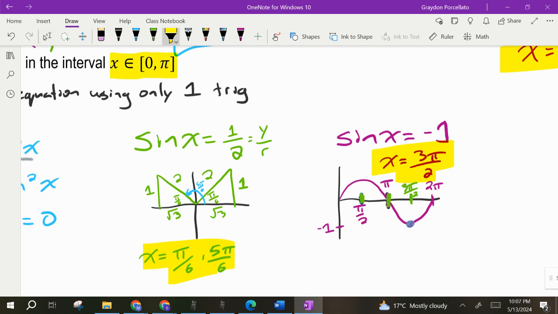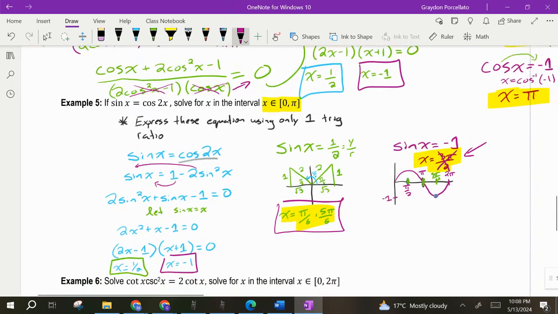So are any of these solutions bigger than pi? Yes, this one is. 3 pi over 2 is bigger than pi, so that is actually not a solution. So my final solutions are these ones. Make sure that you get all of the solutions in the required interval for full marks.